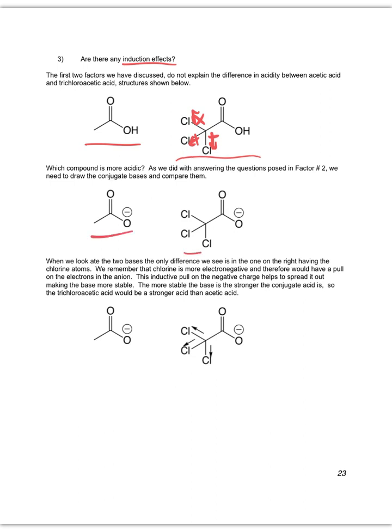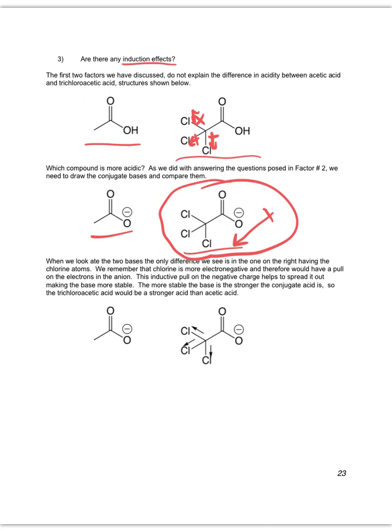So of these two carboxylates, the one with the three chlorines on it is pulling electron density very strongly towards the chlorines. So it's going to stabilize the carboxylate, and that will make the trichloroacetic acid a little more acidic than acetic acid.